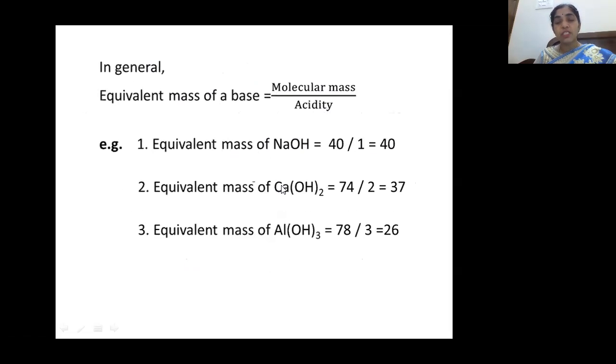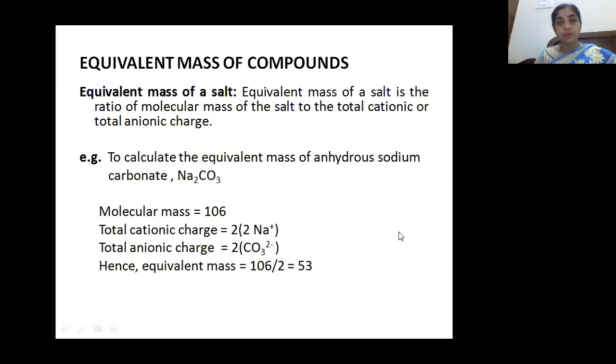Similarly, equivalent mass of calcium hydroxide is 74 by 2, where 2 is its acidity, or 2 replaceable hydroxyl groups. The answer is 37. Similarly, equivalent mass of aluminum hydroxide is 78 by 3, which is equal to 26.